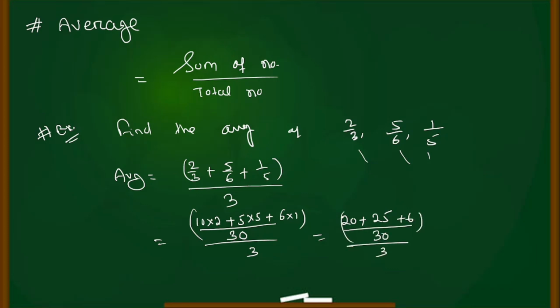Then 20 plus 25 is 45, plus 6 is 51. So 51 divided by 30, whole divided by 3, or we can write 1 by 3, because when two fractions are divided, the second fraction becomes its reciprocal when we multiply. Now cancel, 17 threes are 51, so 17 divided by 30 is the answer. Okay.